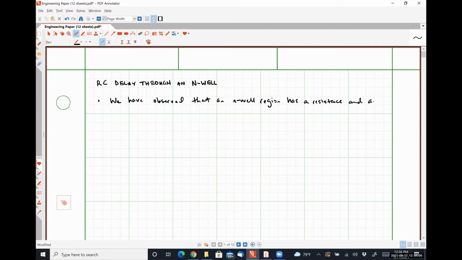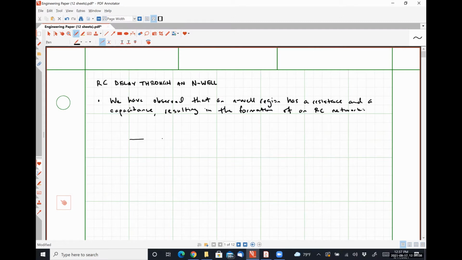I was going to say any biased, but there's going to be an unbiased junction capacitance that we will be dealing with too. So really, any N-well region has some finite resistance and a capacitance, resulting in the formation of an RC network.